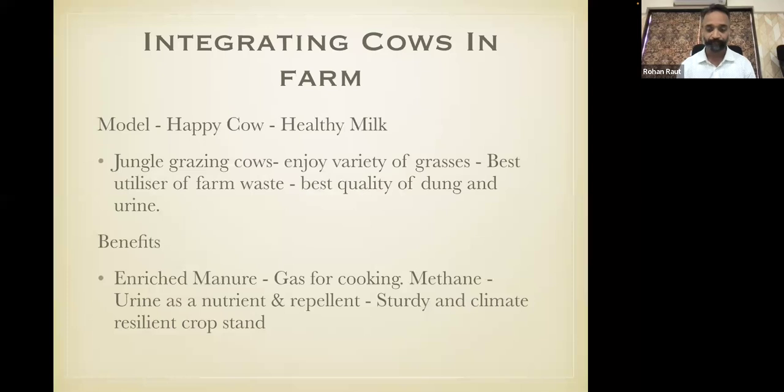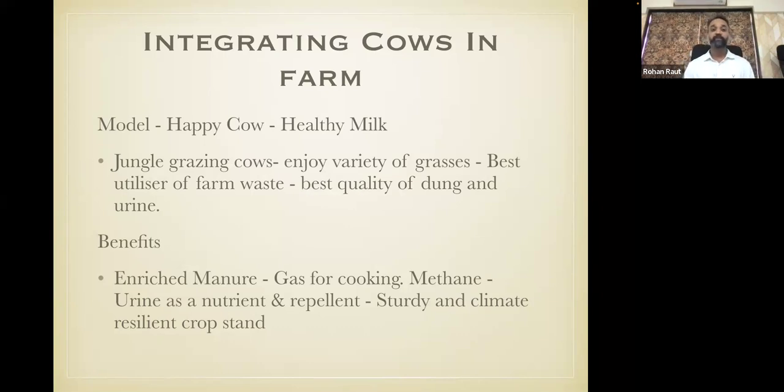Because of this roaming practice, the quality of the dung and the cow urine which I get is also of very good property. The benefits I get from this integration are enriched manure and gas for cooking.